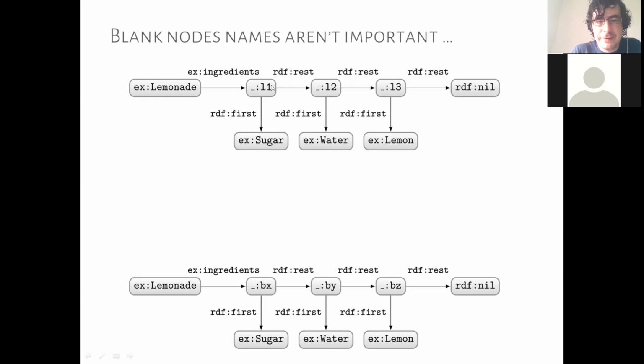And similarly, we can rename the blank nodes in a one-to-one manner, and we don't really change the meaning of the RDF graph. So we see two RDF graphs here representing lists, which we previously saw. In this case, we have the blank nodes named L1, L2, L3, in this case, BX, BY, BZ. And there's a formal relationship between these two graphs that the RDF standard defines, which says that the graphs are isomorphic. Specifically, the graphs are isomorphic if there is a one-to-one mapping of blank nodes that turns one graph into the other, right?